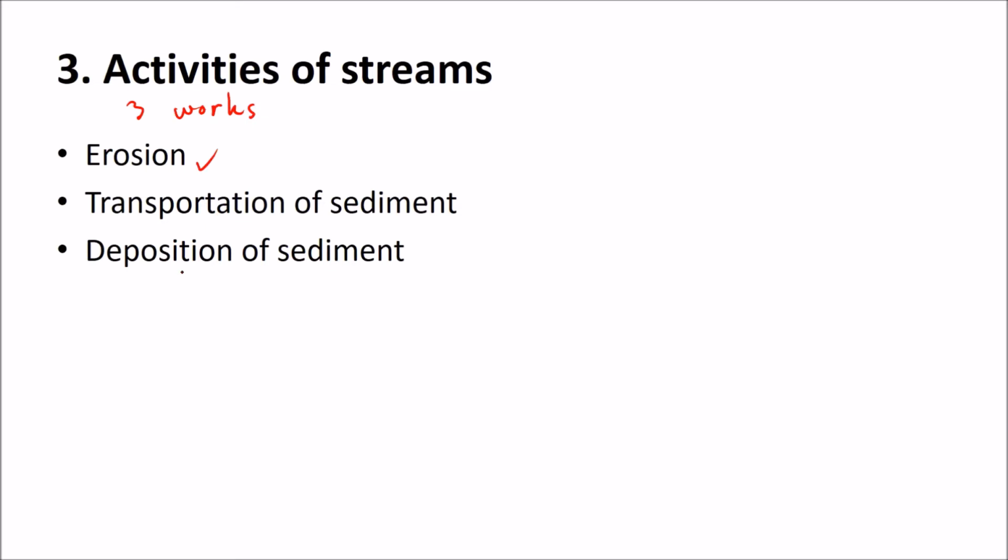And the last, after a certain time, when the water cannot carry the particles of soil or sediment anymore, the sediment will settle down and deposition occurs. So three main works: erosion, transportation, and deposition occur along the flow.